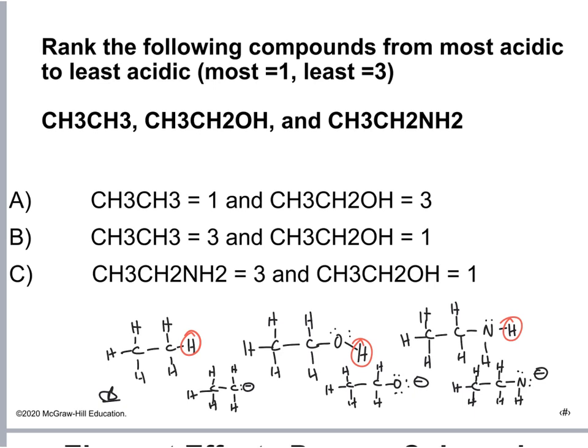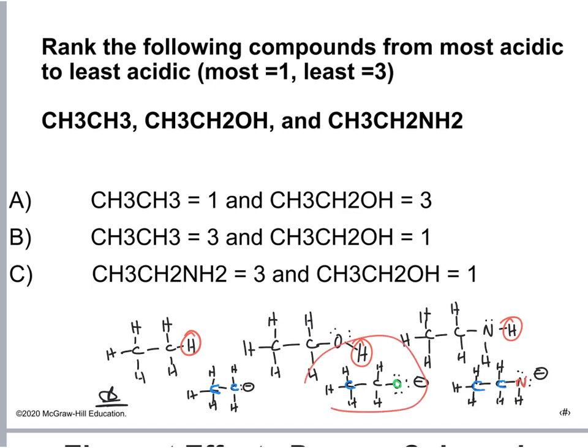Okay, so you see that we're not comparing the conjugate bases. We're not looking at resonance, because each one of these carbons next door is an sp3 carbon, so it cannot participate in resonance. They all have only one resonance structure, their own structure. But we're dealing with this negative charge on the carbon, this negative charge on the oxygen, and this negative charge on the nitrogen.